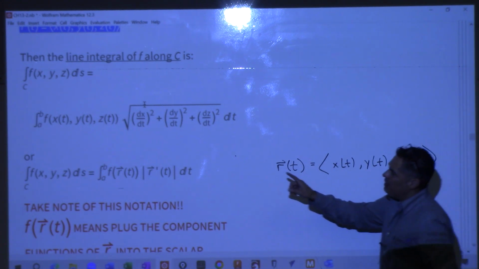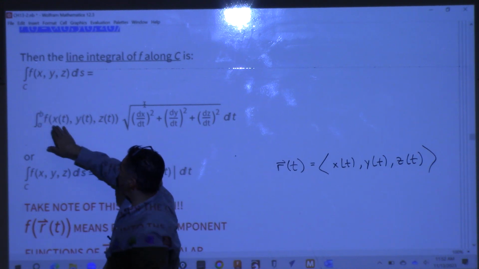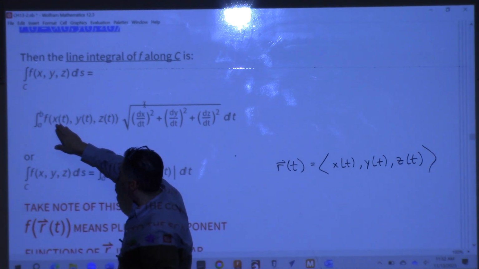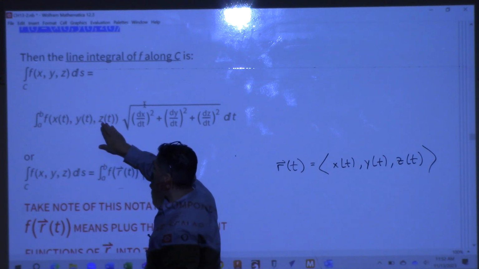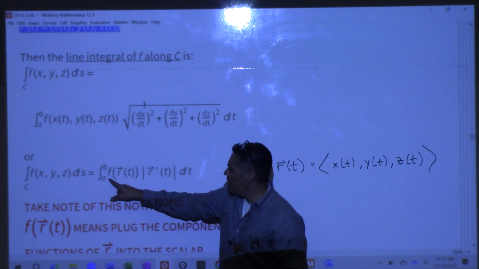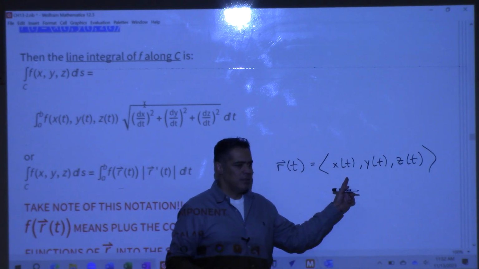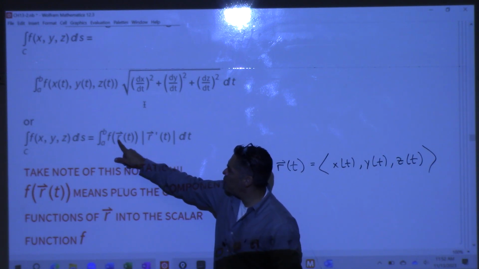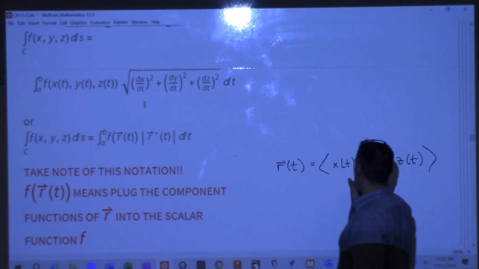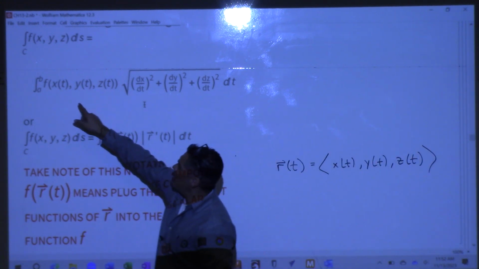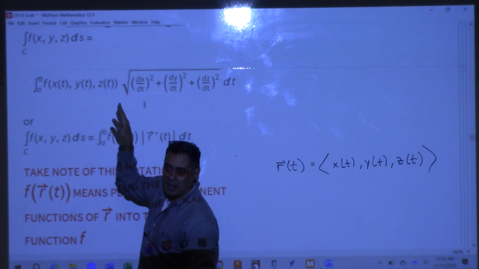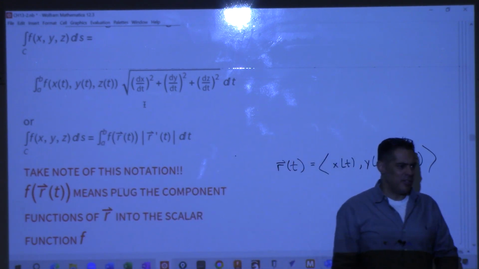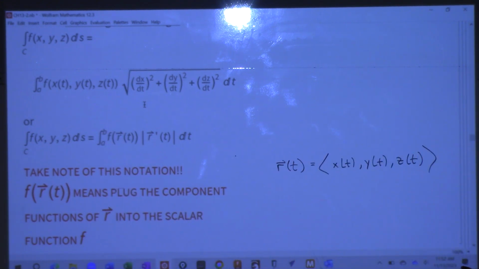But instead of going into the f and replacing the x with x of t, y with y of t, z with z of t, this is what we'll write instead: F, and inside of it, plug in this vector function. Now this is weird notation, okay? F with this vector function plugged in means exactly what this notation right here means. You take the x and plug it in for the x, the y, and then the z. It's a strange notation because we're plugging a vector function into a scalar function, which doesn't make a whole lot of sense. So it's purely a notational thing that you need to understand.